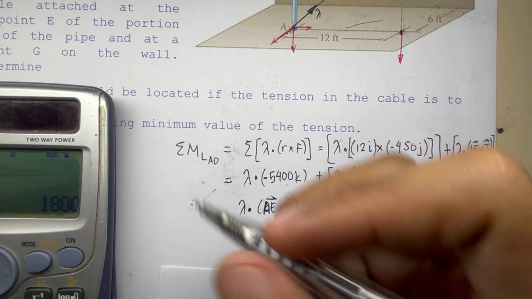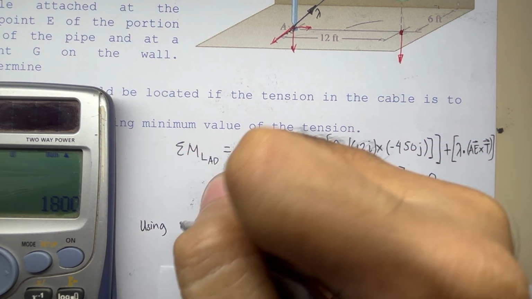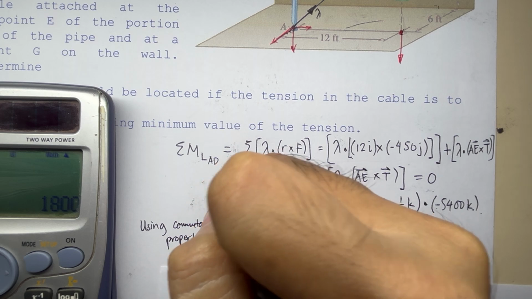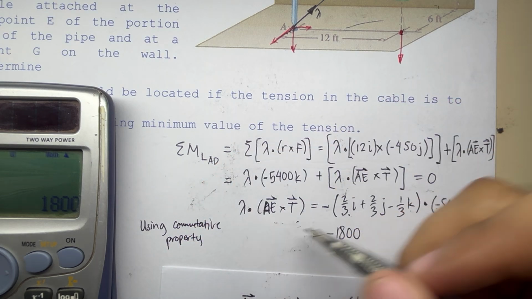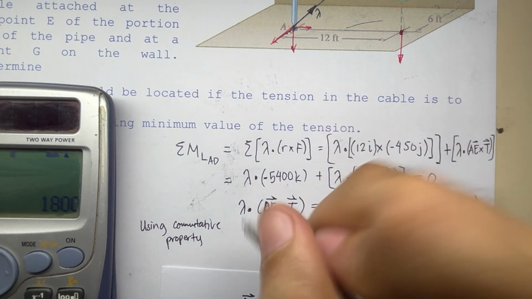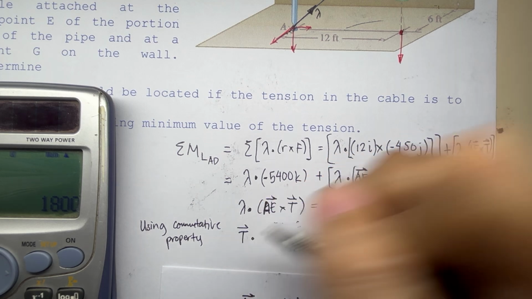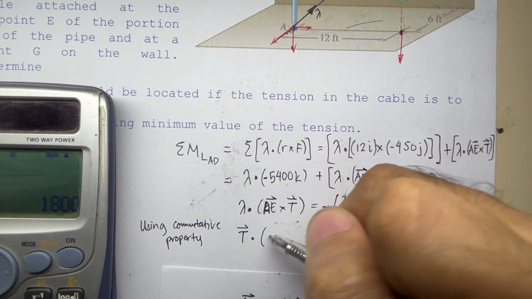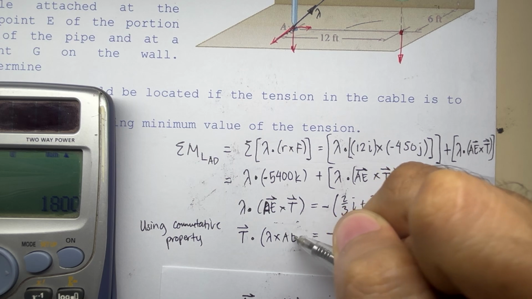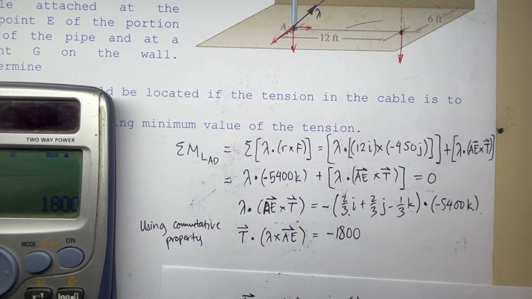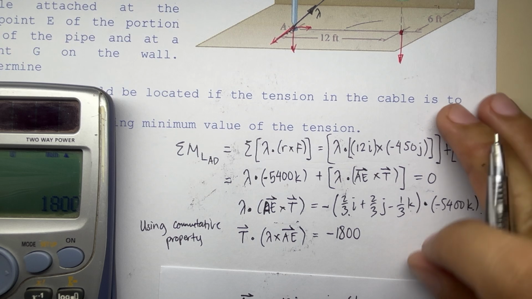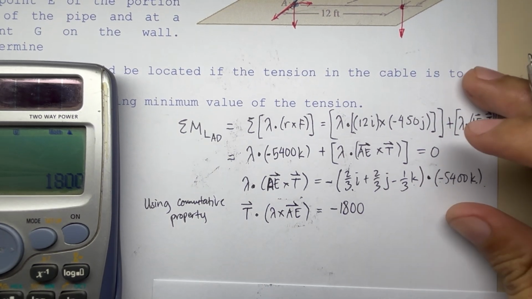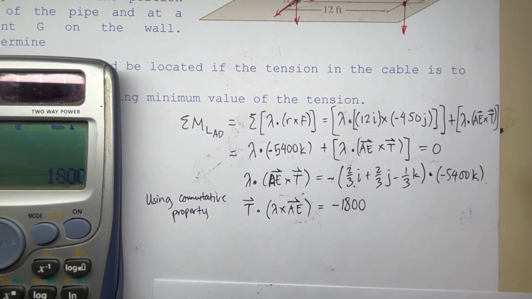Using the commutative property, we can arrange our mixed triple product as tension dot product with lambda cross AE.